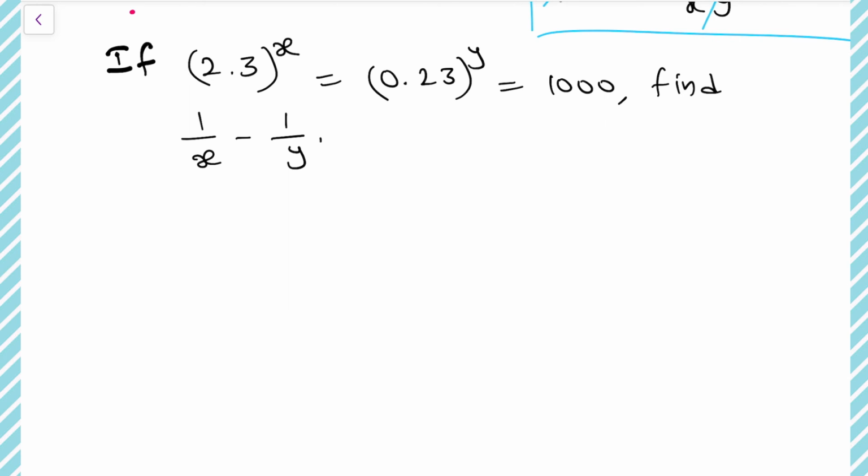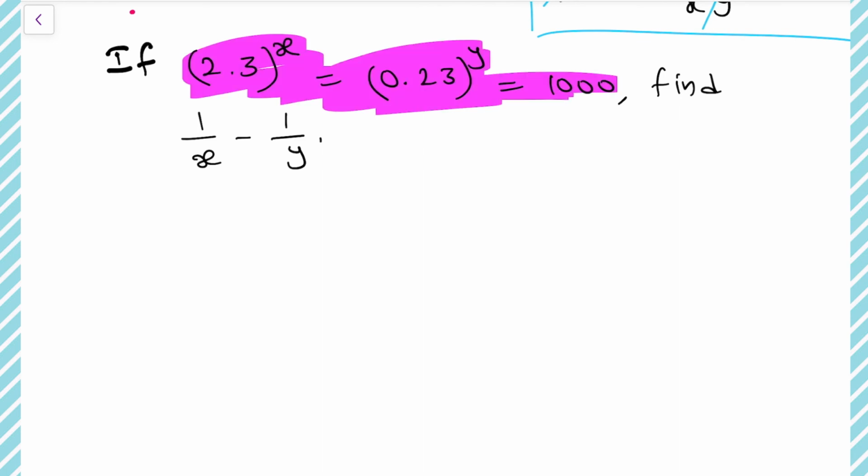Go through that. So first he gave 2.3 whole power x equals 0.23 whole power y equals 1000.